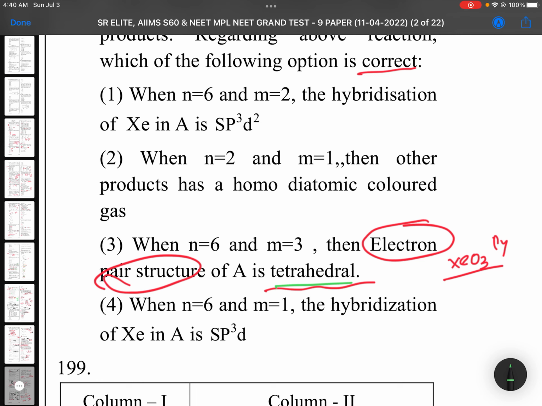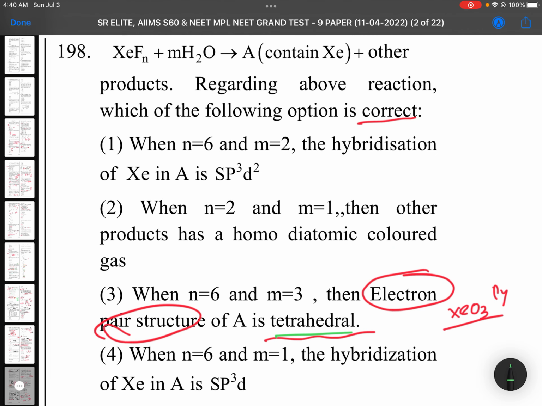XeFn plus mH2O. That means XeF6 plus 3H2O gives XeO3 plus 6HF. And he is asking about A. A is tetrahedral. Electron pair structure of A is tetrahedral is right. Actually, XeO3 molecular structure is pyramidal.